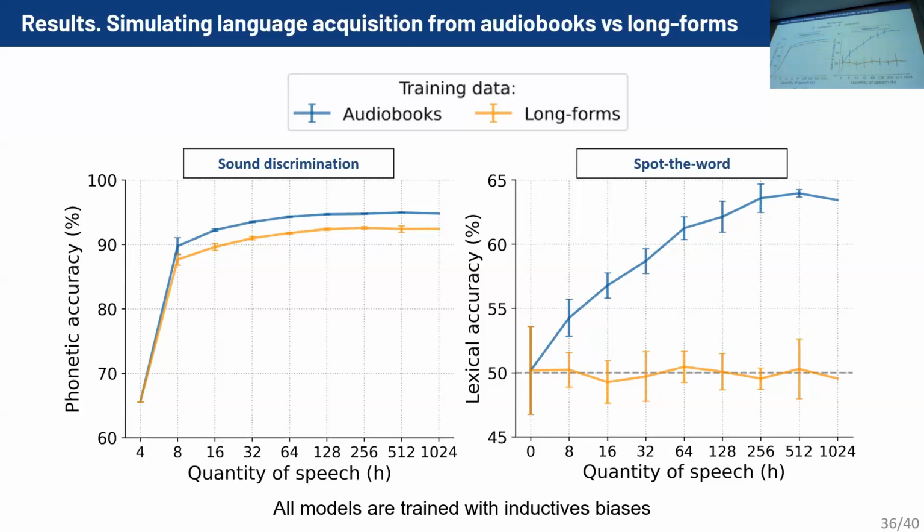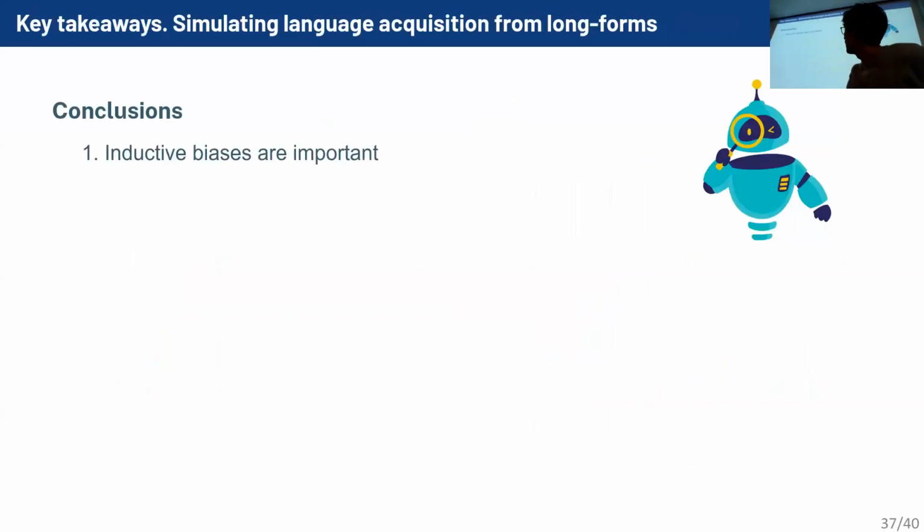I think this is an important problem. And same, I don't think you can make the assumption that infants learn from read speech. They do receive read speech, during storytelling and so on, but this is a minority of the data they receive.